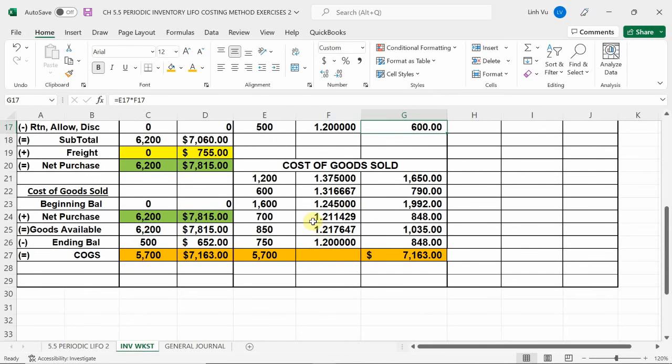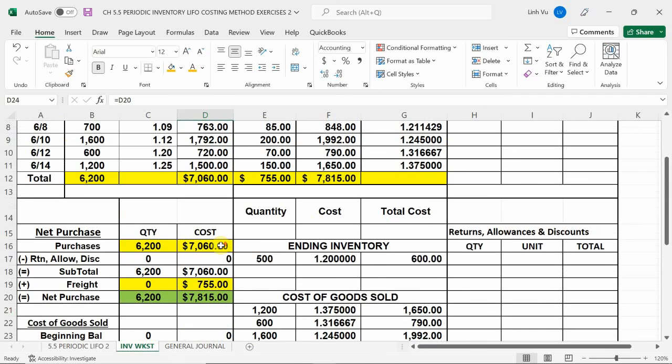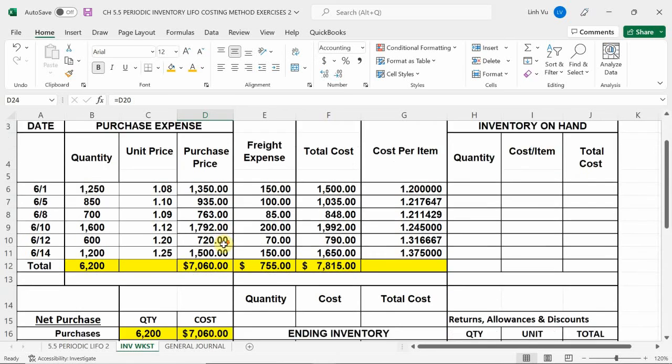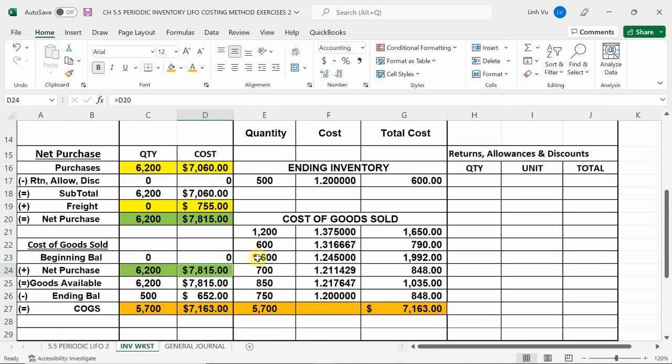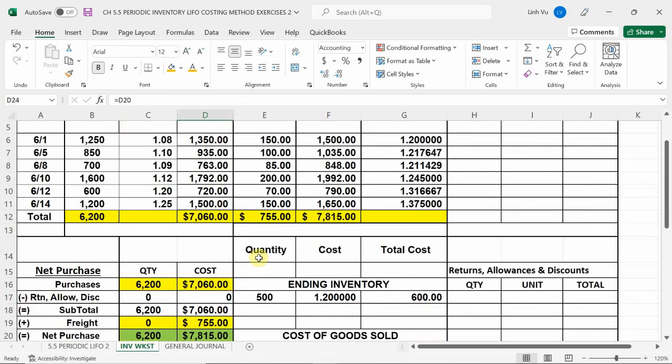Let's confirm that I did this. 7815. $12.50 minus should be 500. 500 at $1.20 should give you six. Is that right?